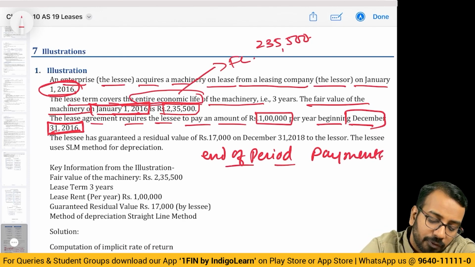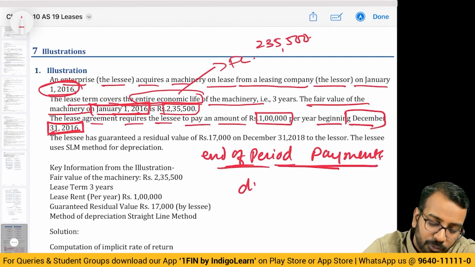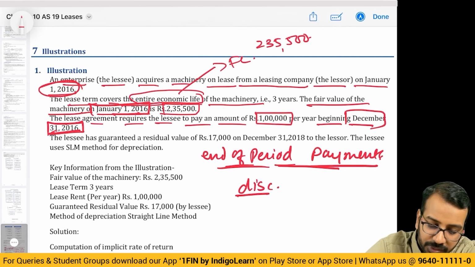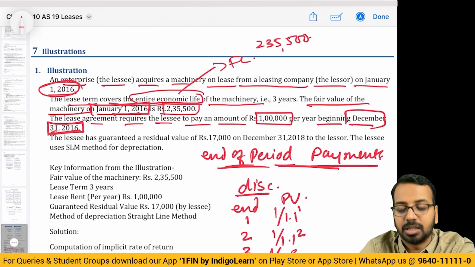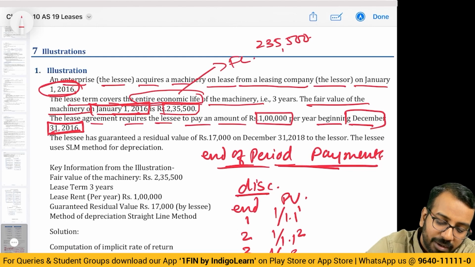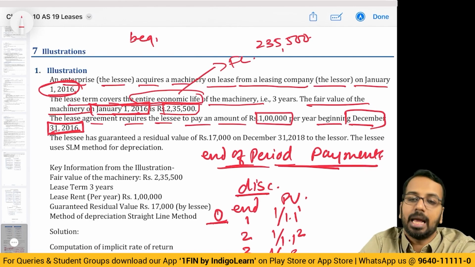Now if you have end of period payments, when you discount whatever is paid at end of year 1, 2 and 3, the present value factor you will consider 1 divided by, say for example, 1.1 to the power of 1, 1 divided by 1.1 to the power of 2, 1 divided by 1.1 to the power of 3. Like this we will discount. If it is paid at the beginning of the year, then the first payment we will assume is made at 0, so the discounting factor is not applicable.